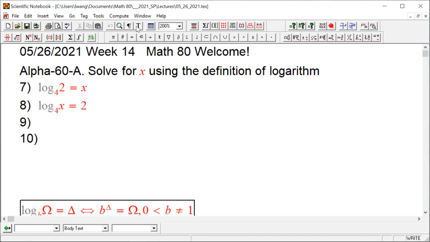Number 9, log x equals 2. This is a common log. Number 10, log base 5 of x equals 2.